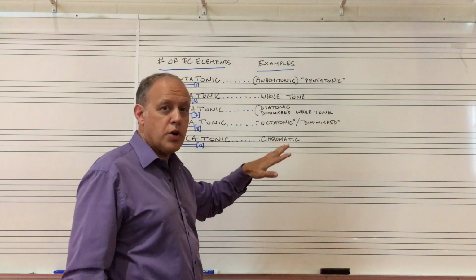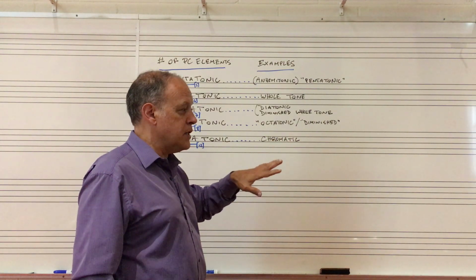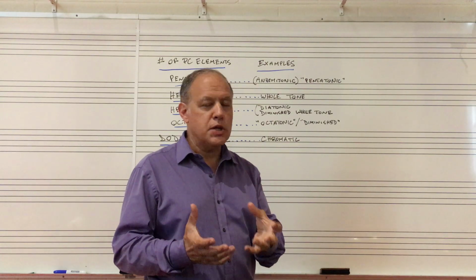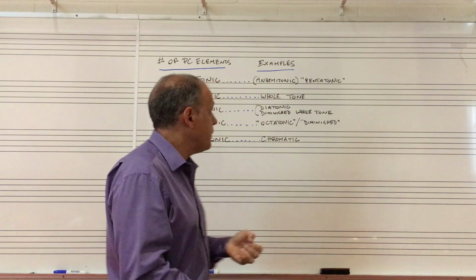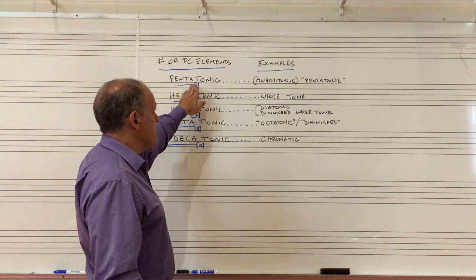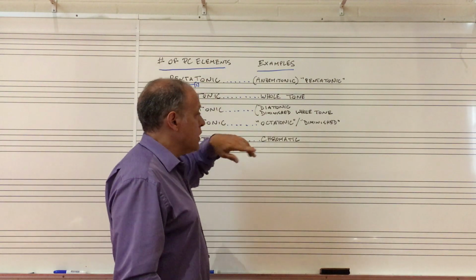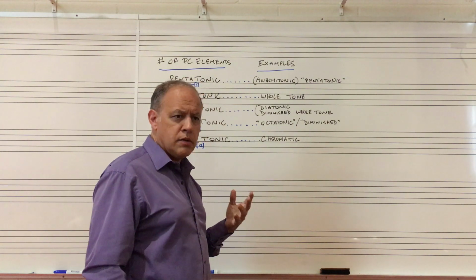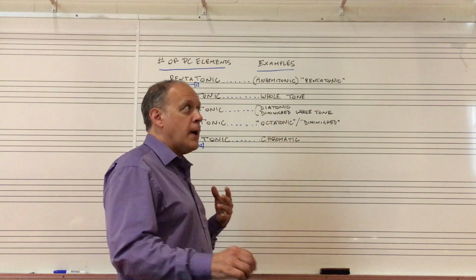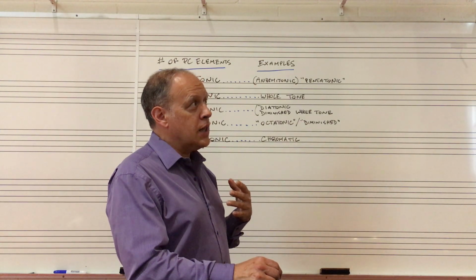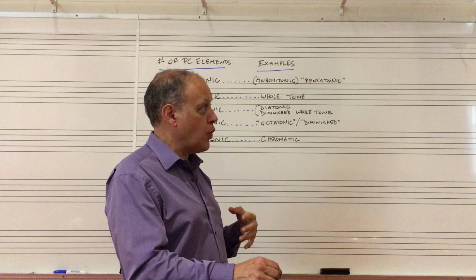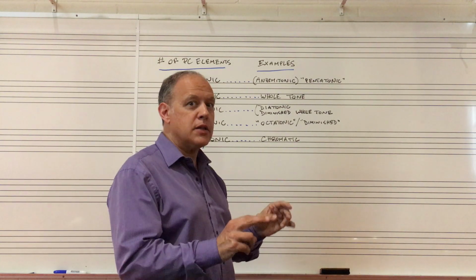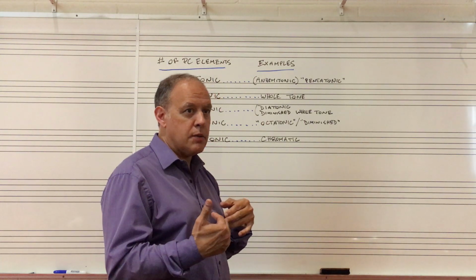Sometimes you'll see the same word being used twice, and that's because there's a particular version of one of these collections of pitch class elements that's become the most popular. So for example, there are many different types of pentatonic, and there is one in particular that became extraordinarily popular, not just in folk music, but in all sorts of classical musics, both Eastern and Western, and as a result, that came to be known as the pentatonic, even if there were many different types of pentatonic.